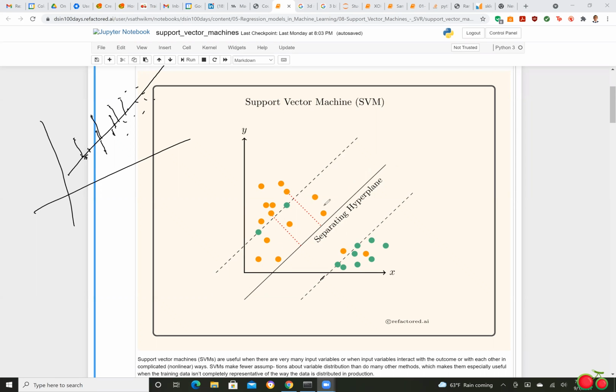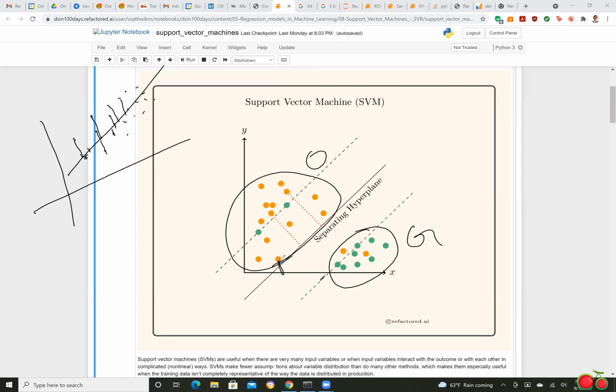So my data, the orange points that I have here, let's say for the sake of clarity, I'll call this group orange, and I will call this group green. My orange group, if you see the points themselves, they are spread all the way from here until this point.